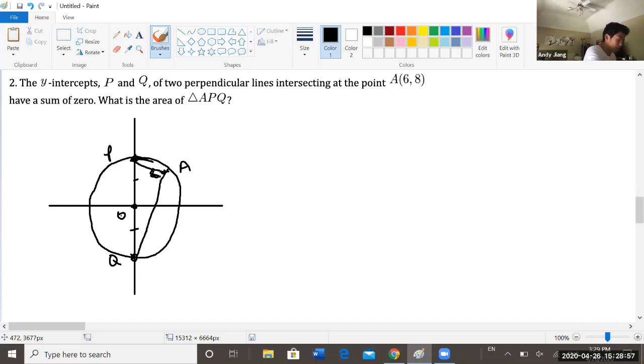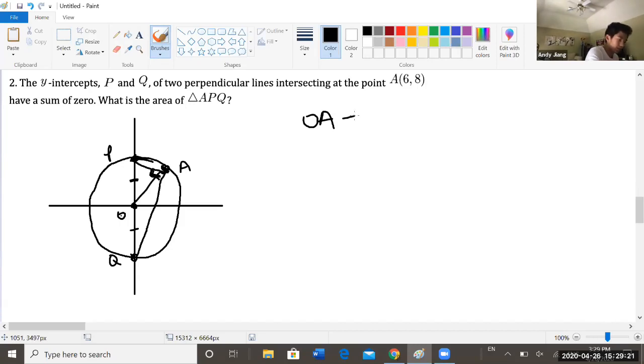All right, so I drew a circle with this radius intersecting P and Q, with center O. And I know that it intersects A because PAQ, this angle, is a right angle. And now I know that OA is also a radius, right, because it lies on the circle.